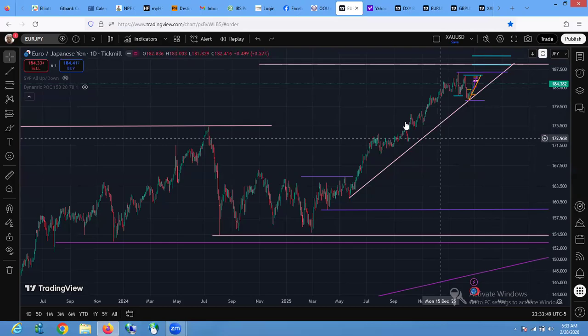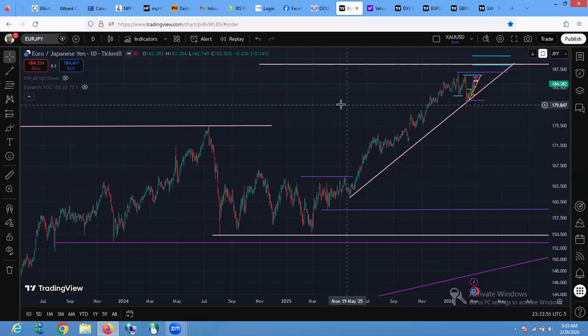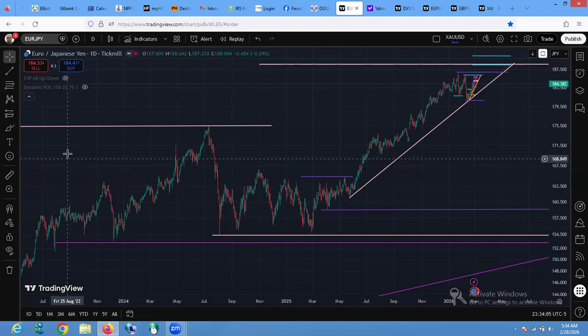Now, our movement to the upside, how far can we go? Like I said, this is wave 3 of 3. This is wave 4 of 3. And wave 5 of 3, at least 1, 2, 3 extension or 168.